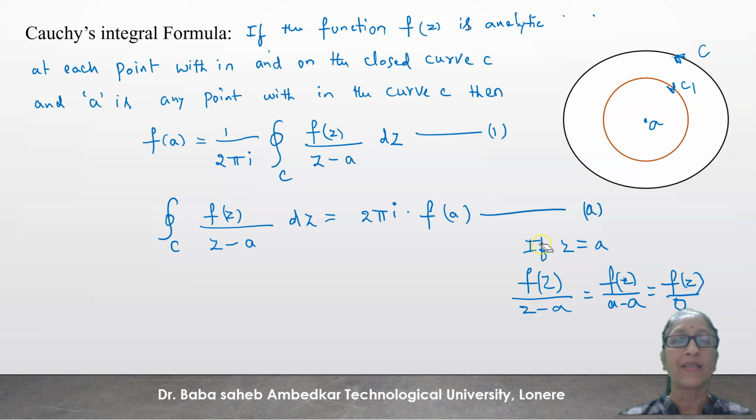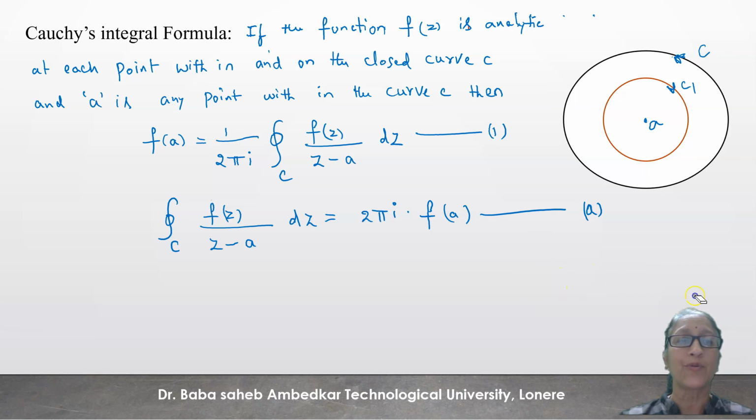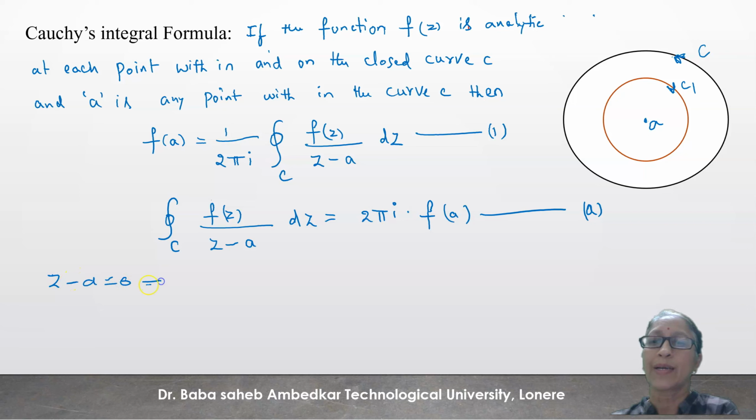Then we can't find this contour integral directly. By equating the denominator to 0, we can find singular points. If you remember what I explained in the last lecture, here z equal to a is a singular point. So z minus a equal to 0 implies z equal to a is a simple pole.